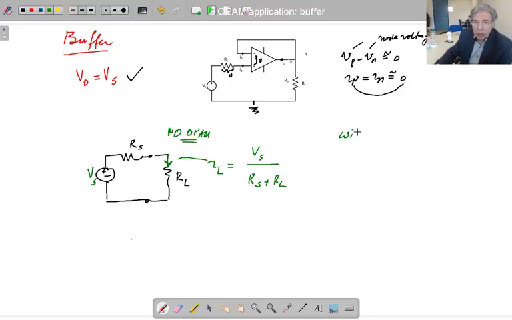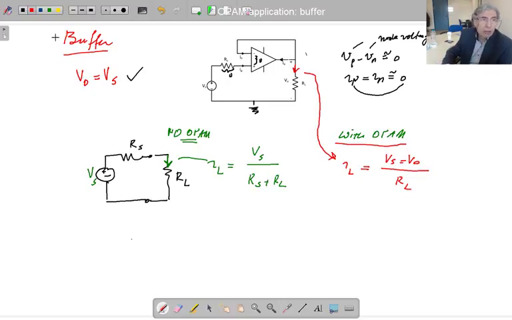Now with op-amp, let me change the color. With op-amp, we said Vs equals V0, so the IL current here is going to be V0 over RL, so Vs equals V0, or V output over RL. That is what I have here.